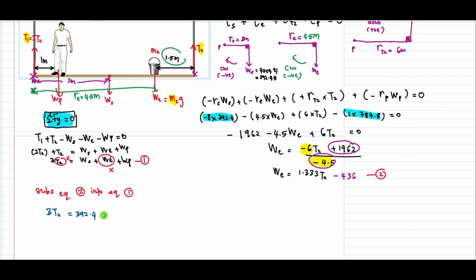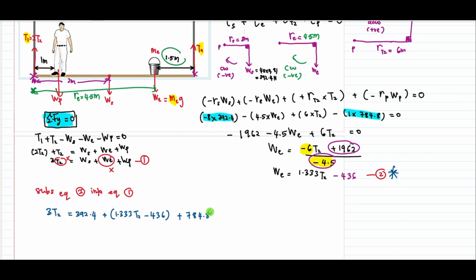I don't know the weight of the equipment, but from equation number 2 we know WE, we put in its value, 1.333T2 minus 436, plus the weight of the painter. What is the value of the weight of the painter? We calculated it earlier, right? This one, 784.8. Okay, so we have everything now.